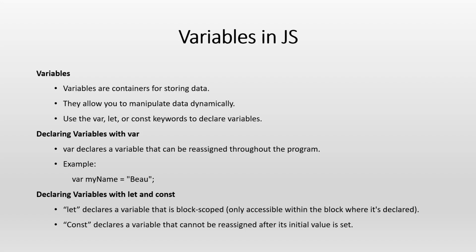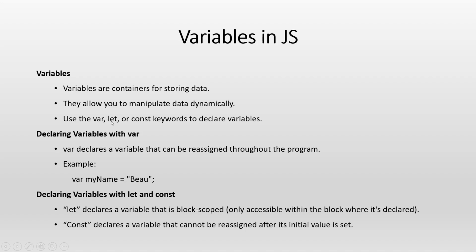If we want to add something to it, we add, or if we want to take something from it, we take. Like that. Coming to these variables, there are three kinds: var, let, and const, the keywords to declare variables.